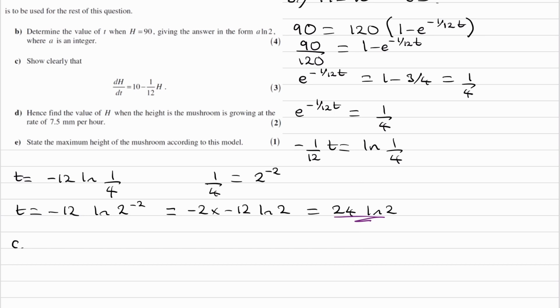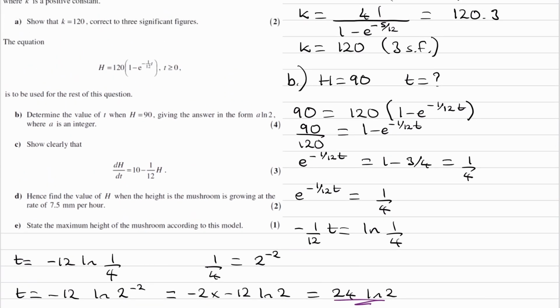For part C, show clearly that dh/dt is equal to this. So I think some students might find this a bit tricky. So the first thing you want to do is, well, you have this equation, differentiate it normally, but then what you'll find is that you'll end up with an exponential with a power of t in there, which is not what we want here. We want to have h instead.